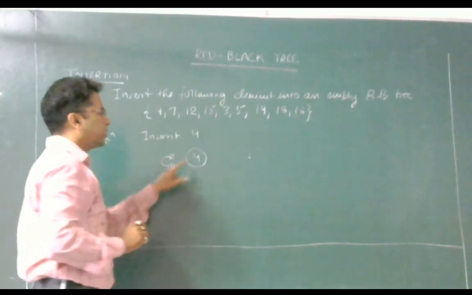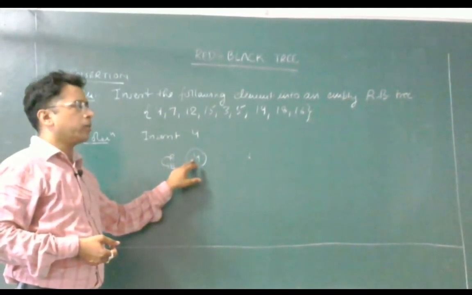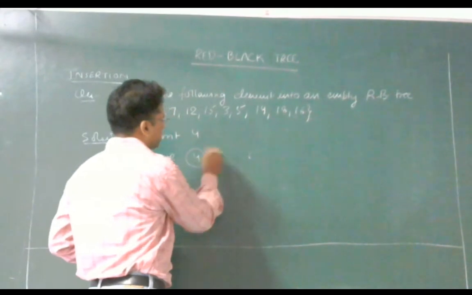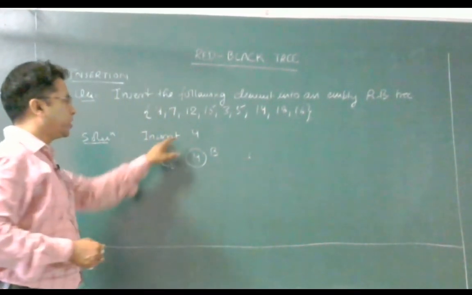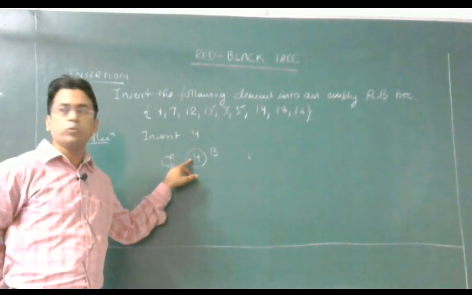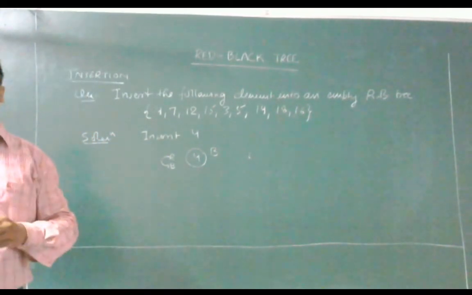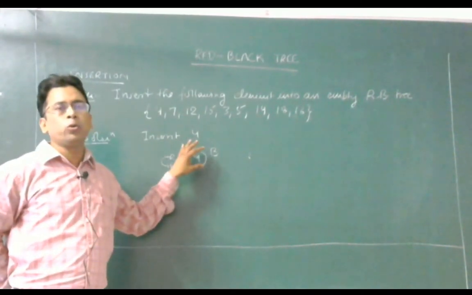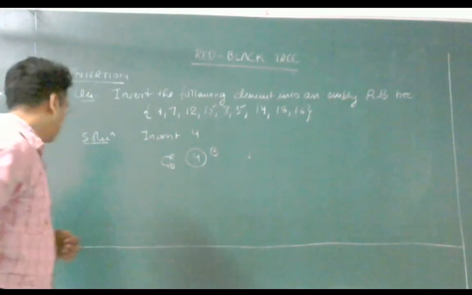So initially the tree would have first element 4 of black color. I am using the capital B for black. Every new element that is inserted into the tree is by default red, but if any node becomes the root node, its color changes into black.